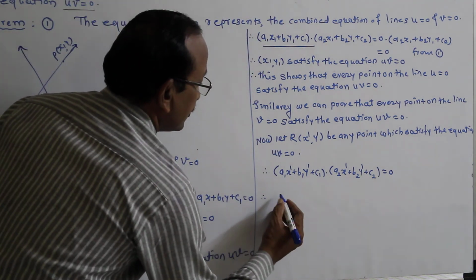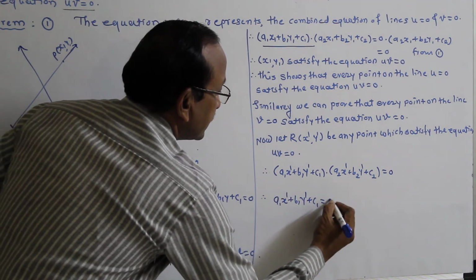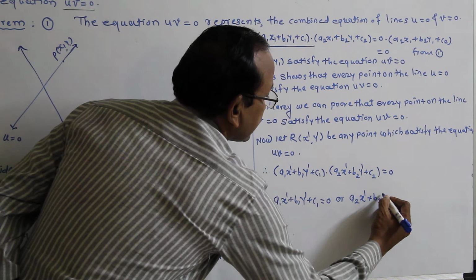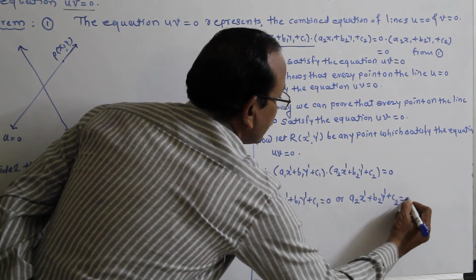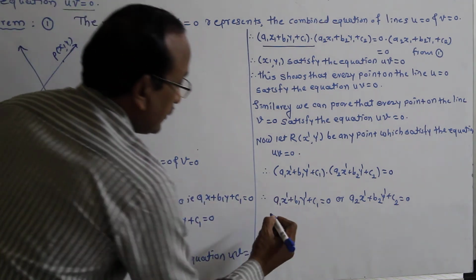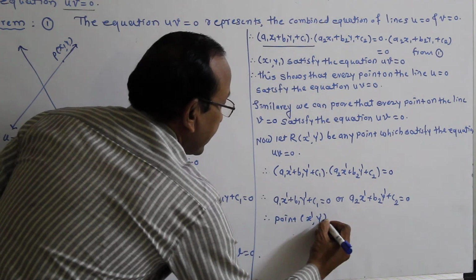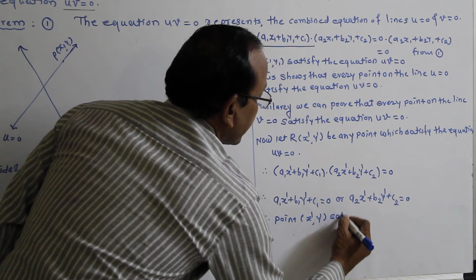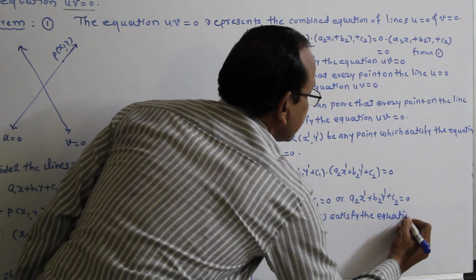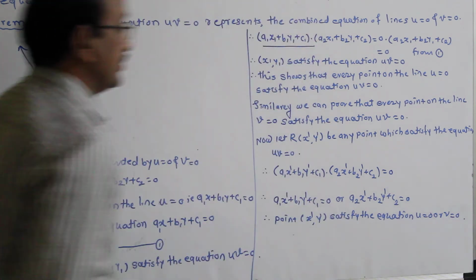So either a1x' plus b1y' plus c1 equals 0, or a2x' plus b2y' plus c2 equals 0. Therefore the point (x', y') satisfies the equation u equals 0 or v equals 0.